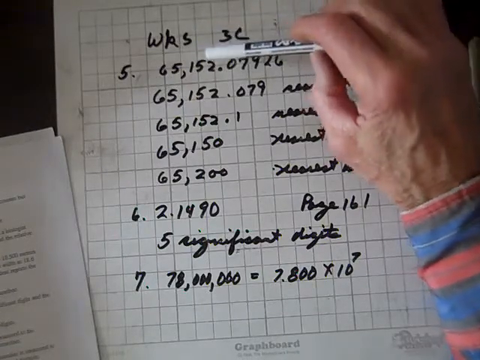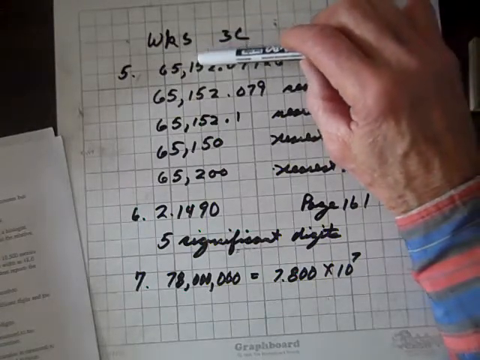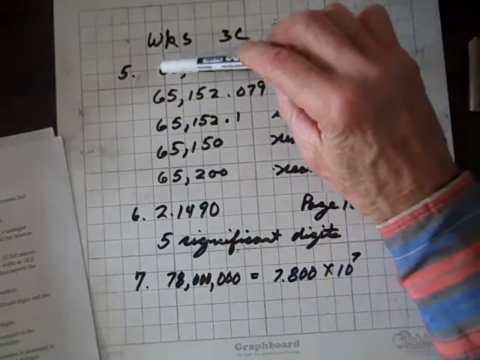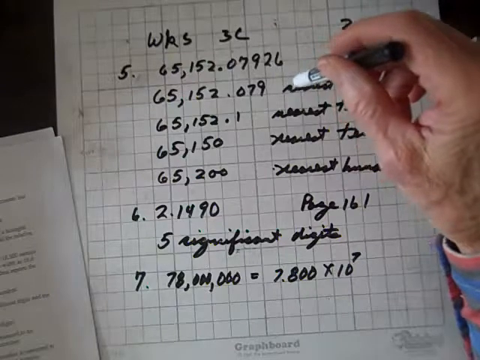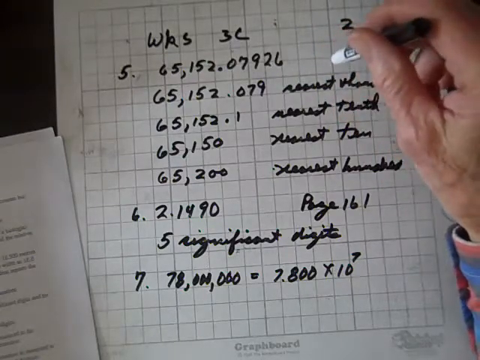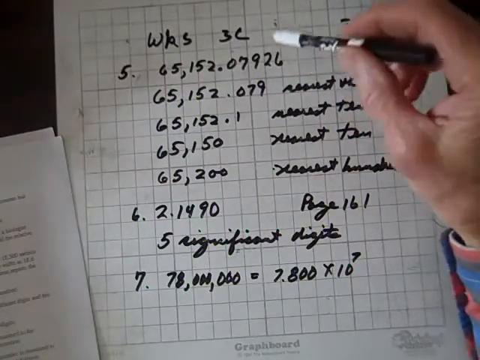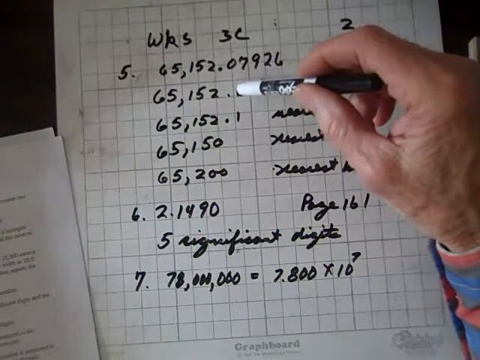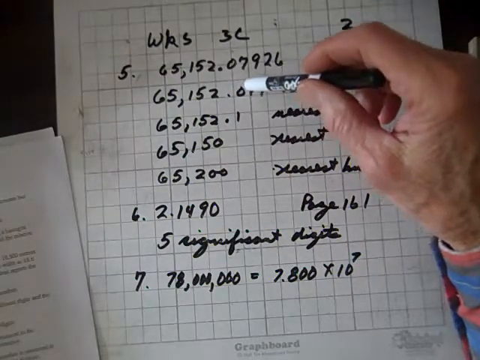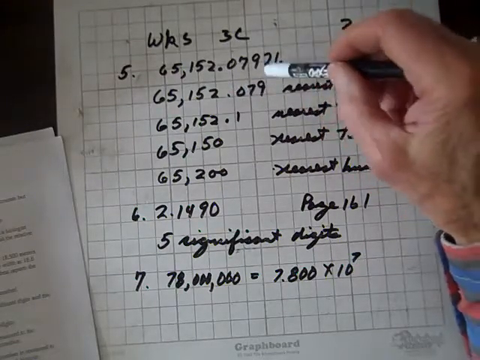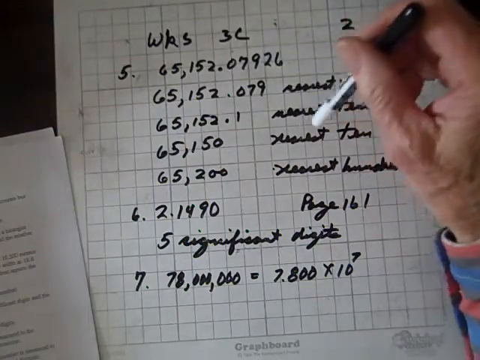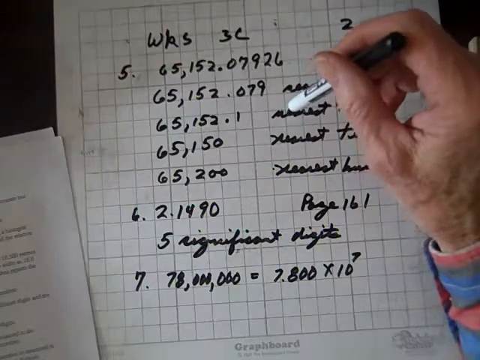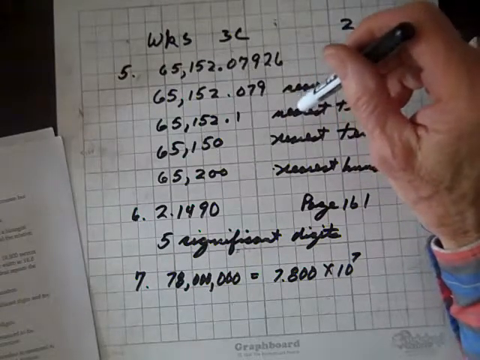Going to the left, unit, tens, hundreds, thousands, ten thousands. So when we round this to the nearest thousandths, we get to the right of the decimal 0.79. The following digit is 2, so it rounds down. We round up if the digit to the right is 5 or greater.